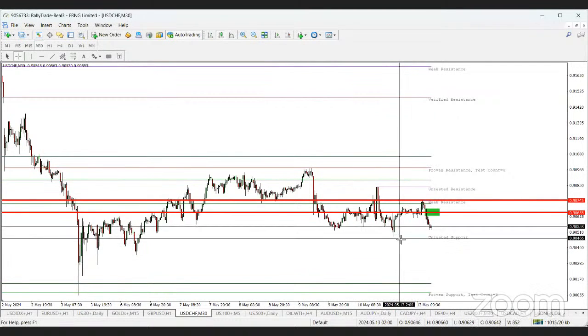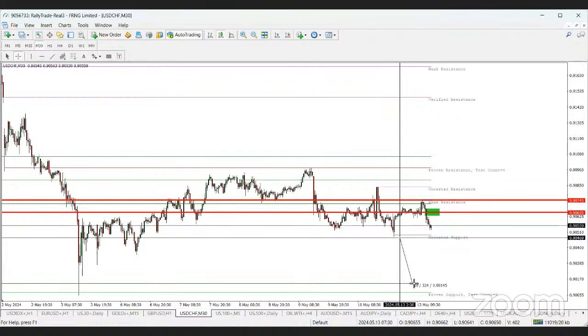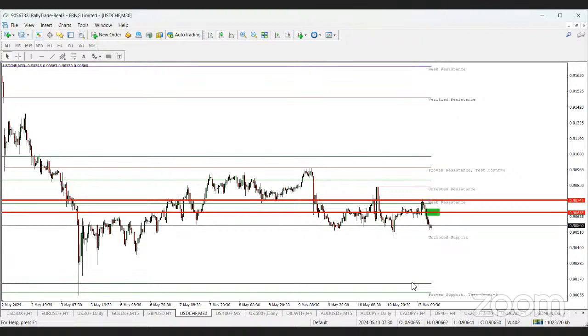So there is still a very good sell ahead once price trades below 0.9470. Once it sells below 0.9470, we still have at least around 20 pips of sell for USD CHF.